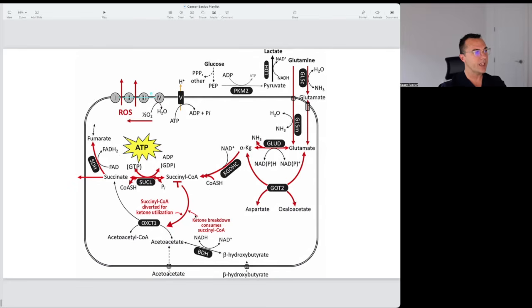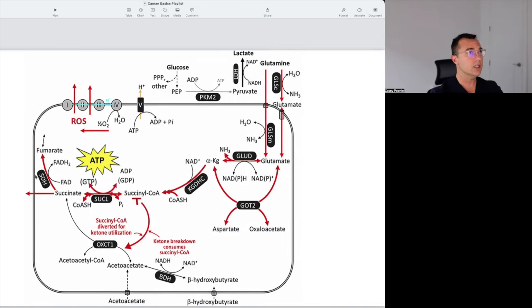What I'm trying to say is that when ketones are broken down by normal cells or by cancer cells, it actually steals away part of the succinyl-CoA pool to divert towards ketone breakdown. And that could take away needed substrate for this mitochondrial substrate level phosphorylation, or the making of ATP without oxygen or without an electron transport chain from glutamine. So pretty amazing things that a ketogenic diet can do.